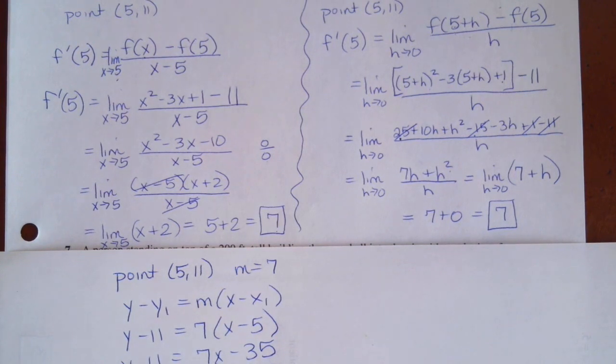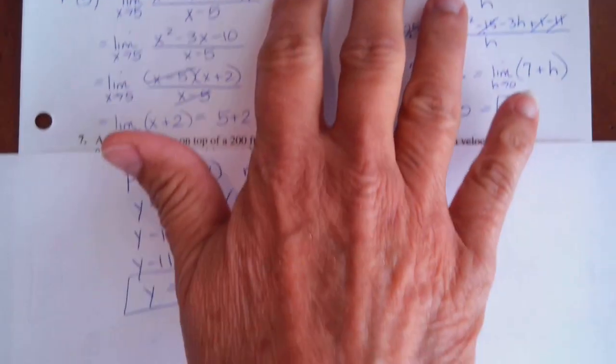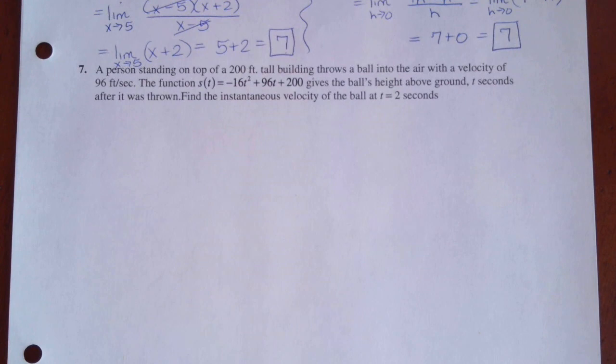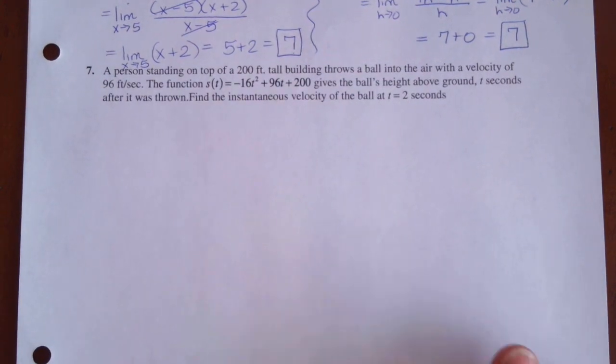All right, so that was number 6. So now let's move on to number 7, which is similar. It's just a word problem, but same kind of work that we have to do. All right, so we have a person standing on top of a 200-foot tall building, throws a ball into the air with a velocity of 96 feet per second.